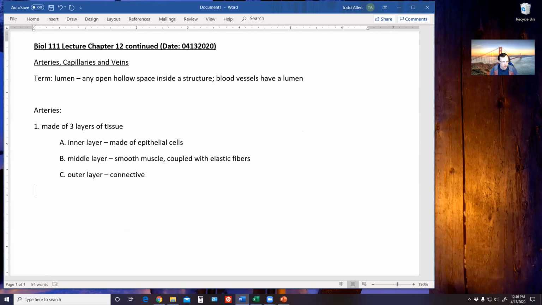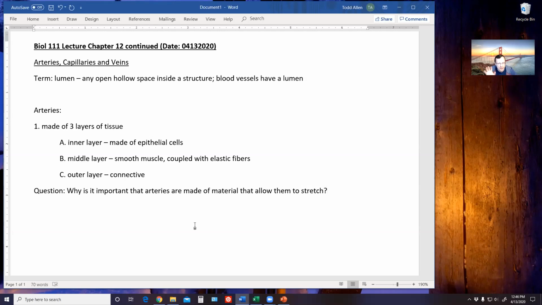Okay, so a question for you, which I will put into your notes. Why is it important that arteries are made of material that allow them to stretch? Why is that important? What do you think, folks?